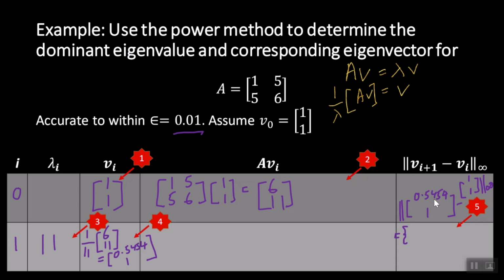So 0.5454 minus 1, we get negative 0.4546, and 1 minus 1 is 0.